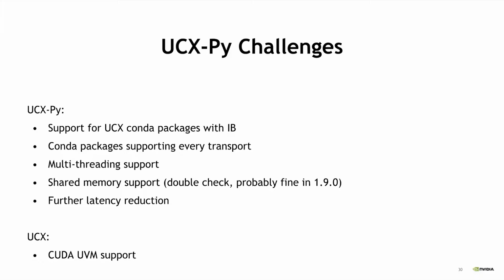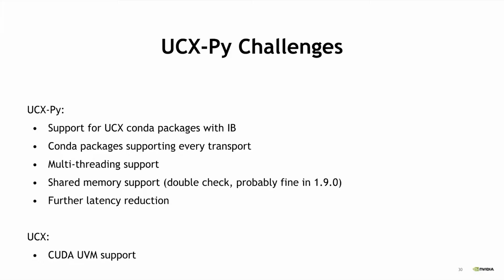UCX-Py today is only single-threaded. One of our use cases was to use Blazing SQL, but Blazing SQL requires multi-threaded communication. Because of the UCX-Py internal state, this isn't safe, and there were some problems there.